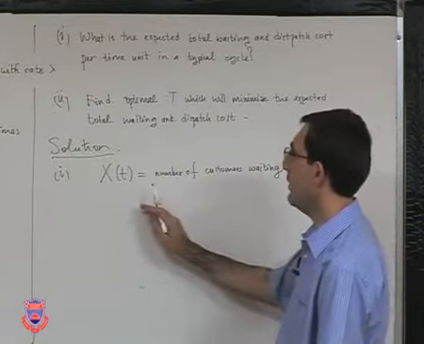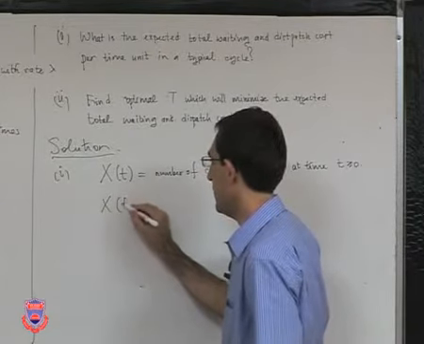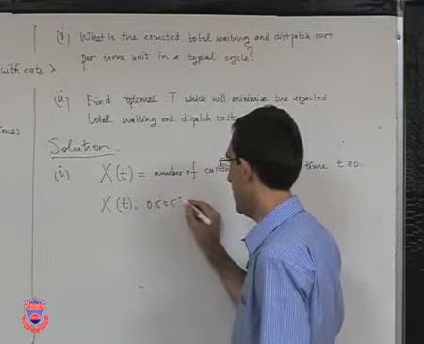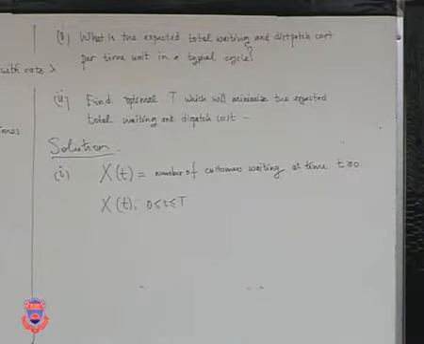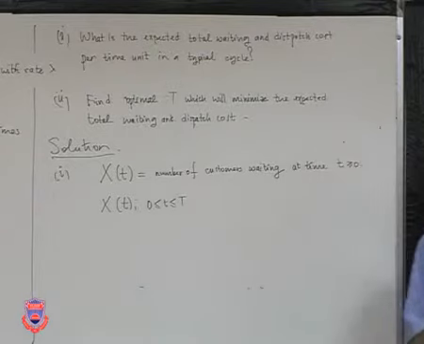If you look at the process xt until the first dispatch time, this is the same as the number of customers entering the system, because each customer that enters the system before the next dispatch time just has to wait.